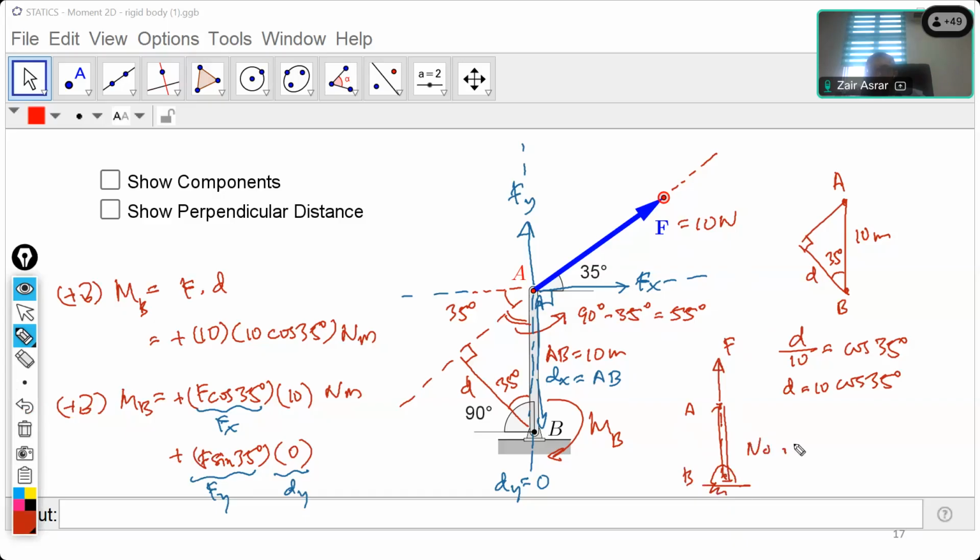There's no rotation at all. Why is that the case? Because the line of force passes through the point of moment. Basically, your D is equal to 0. Clear? If the force passes through the point of moment, your D equals 0.